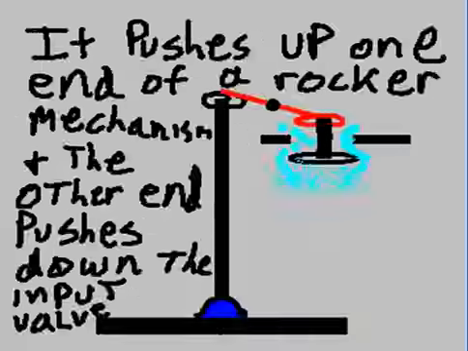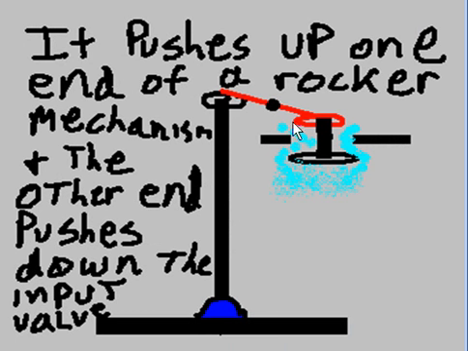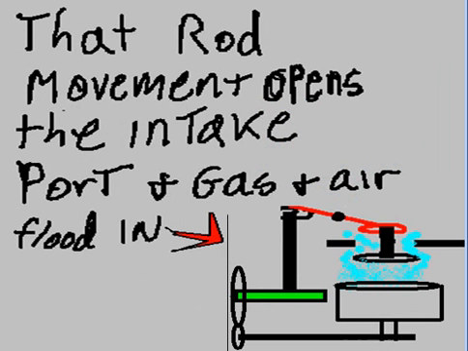It pushes up on one end of a rocker mechanism here, and the other end pushes down on the input valve, opening it. That rod movement opens the intake port and gas and air flood in.